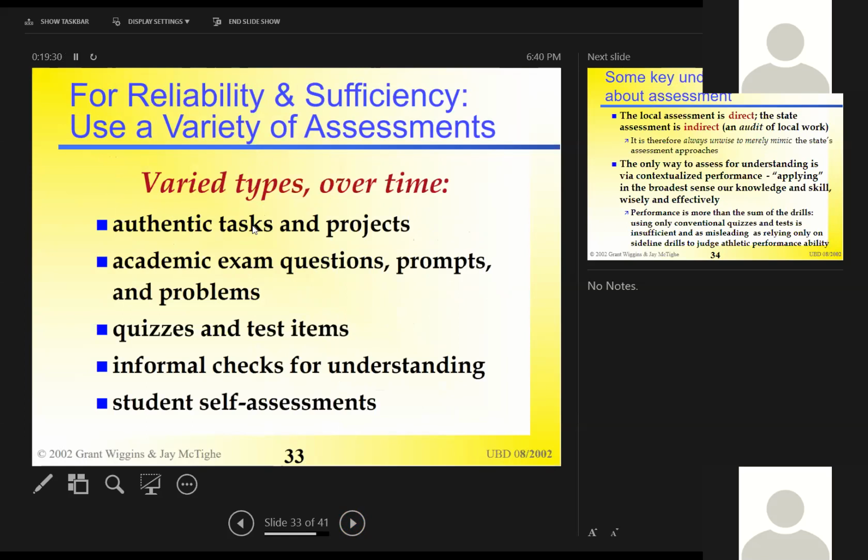Students who are thinking about joining one of our graduate programs ask me all the time, what does the professor do? Well, because we have some really strong professors in our healthcare administration program, they do all of these. They understand the importance of varying what they do, because when you vary it, you not only increase the reliability of your results, most importantly, you know that you have sufficient evidence to demonstrate or track mastery of concepts.